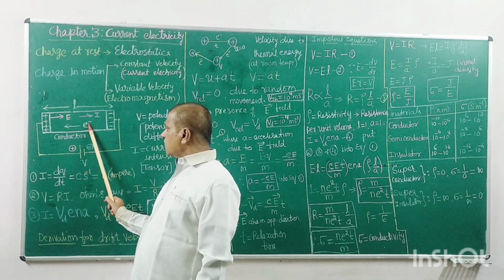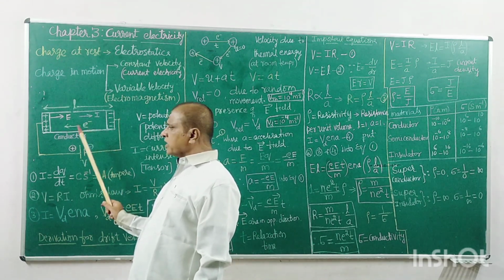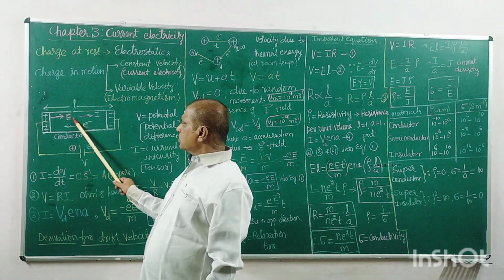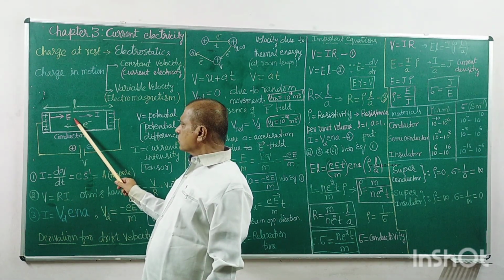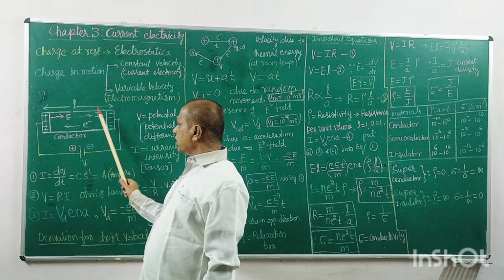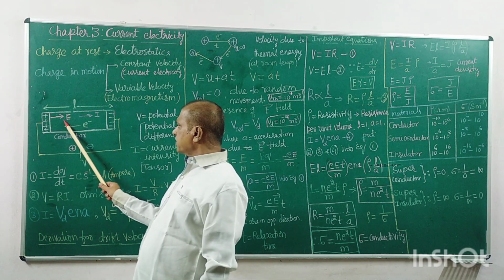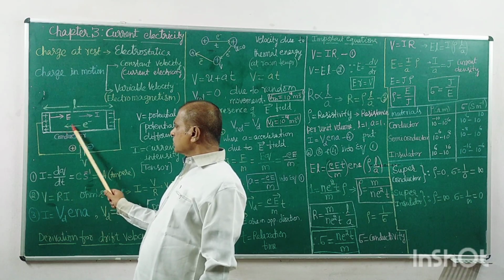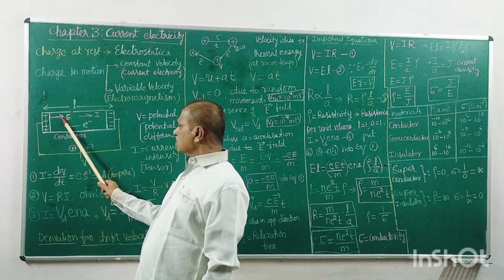The electrons always move in the direction opposite to the electric field. Very important. Electric field direction is from positive potential to negative potential. This is the direction of the electric field, and this is the direction of the electron flow. It is always opposite.